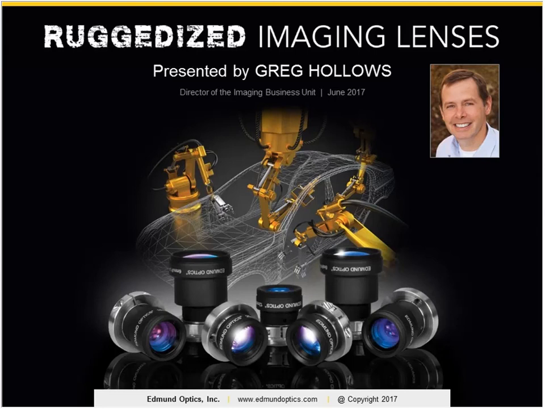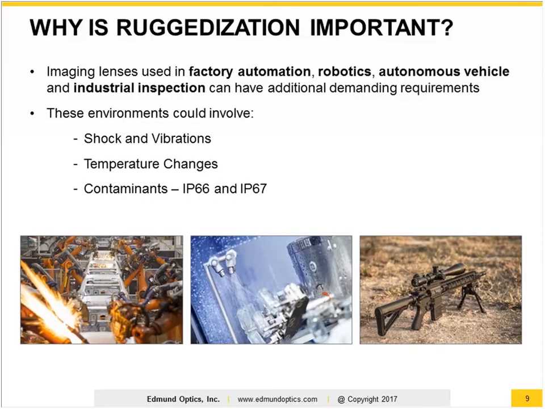Thank you for the introduction. It's great to be here speaking with you today. As we start looking at ruggedized lenses, I do want to take a step back and consider what has gone on over the years in the industry and why ruggedized lenses is an important topic today.